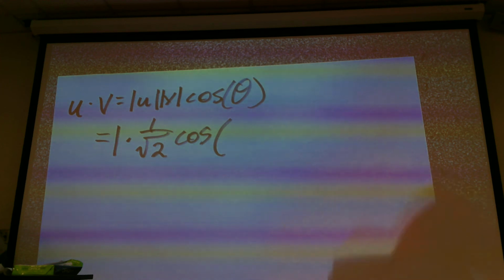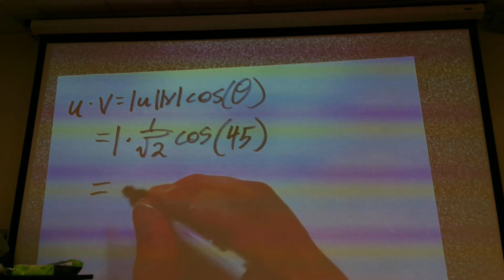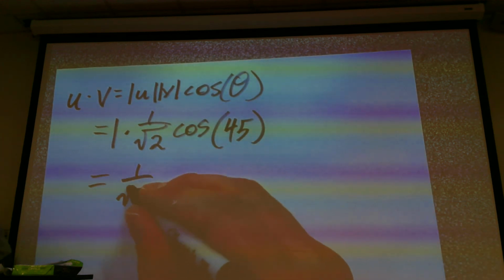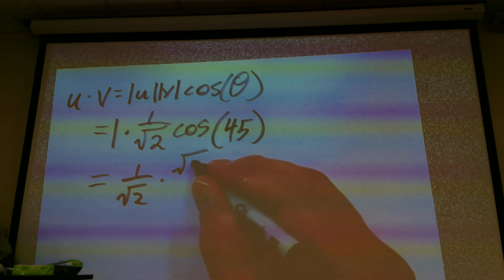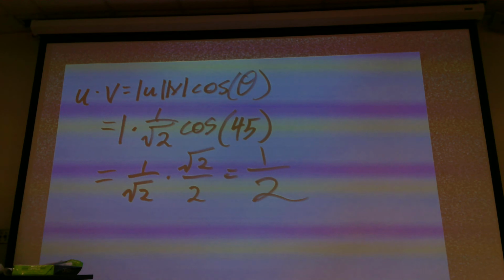Hold on one second until I get done with this. 1 divided by the square root of 2 multiplied by the square root of 2 divided by 2 equals 1 divided by 2.